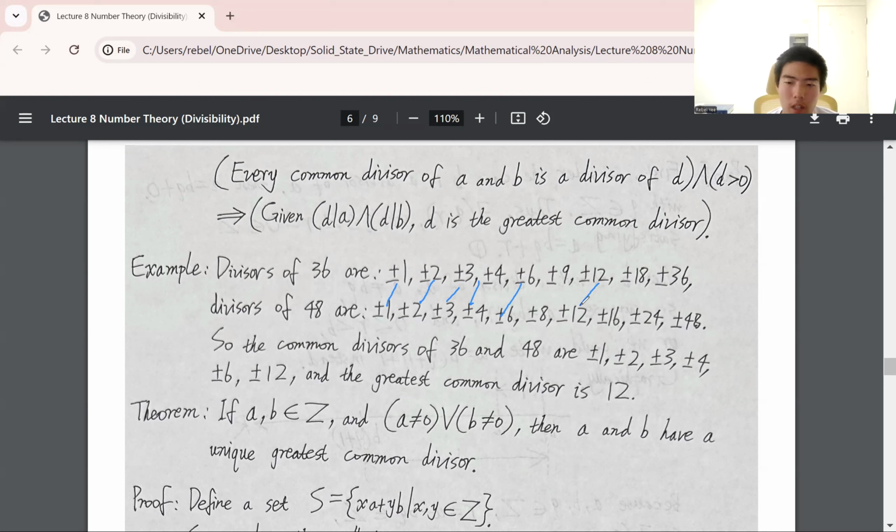And the greatest common divisor is 12 because it is literally the greatest, and it is already satisfied as a common divisor. Also, it is greater than 0. So we just need to prove every common divisor of them is a divisor of 12. So 1 divides 12, 2 divides 12, 3, 4, they all divide 12, including the negative numbers. So it is the greatest common divisor.